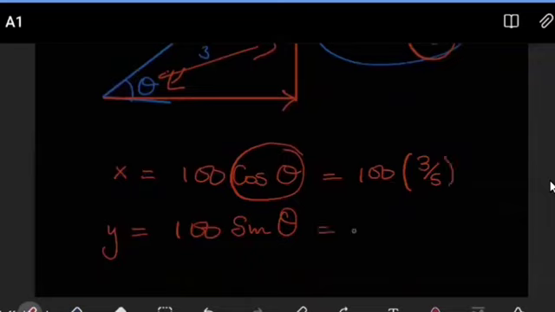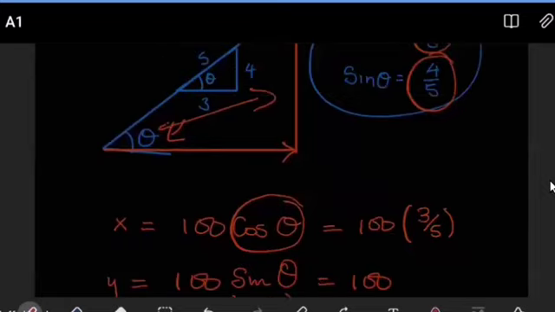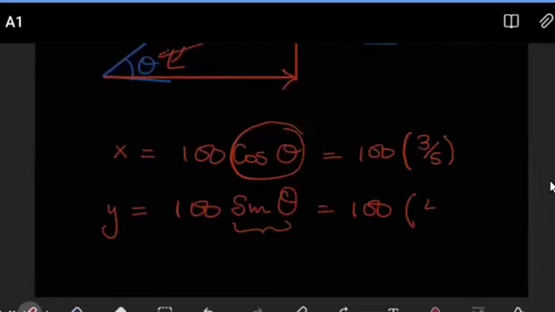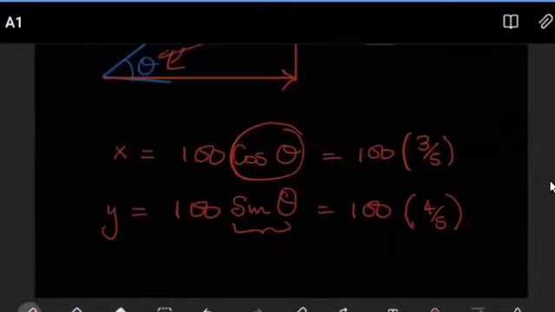And here you have 100, and in place of sine theta, you put 4 over 5. Have you seen that? Great.